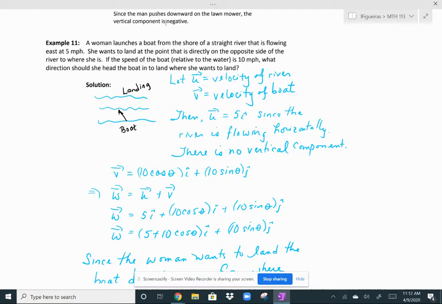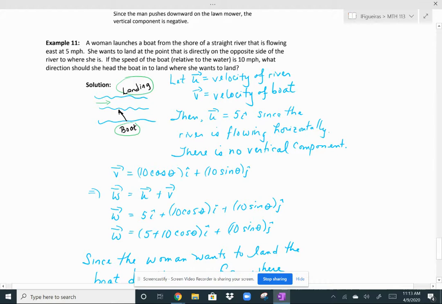Okay, so this one's a little tricky because the boat's on one side of the river and she wants to go directly across. She doesn't want to go at an angle across from where she is. She wants to be directly across from her line of sight. But when she pushes off, the river's going to push her in this direction because it's traveling east.